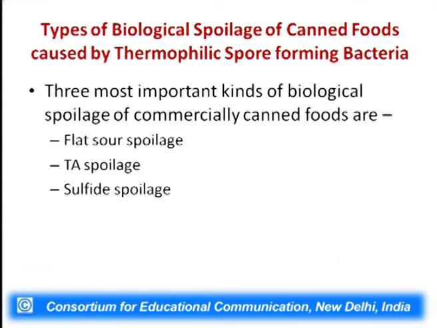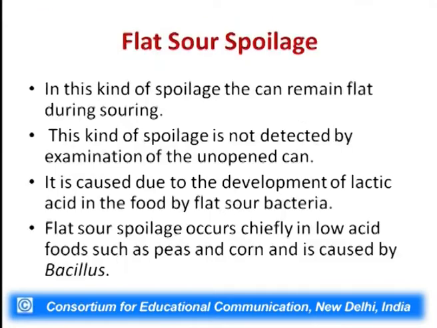In flat sour spoilage, the cans can remain flat during souring. This flat can is indicative of an unspoiled food, that is, external changes are not made in the can, perhaps due to low gas pressure or no gas at all.